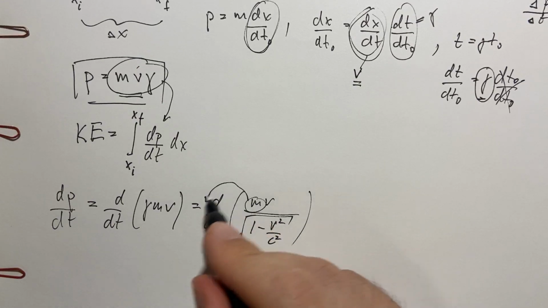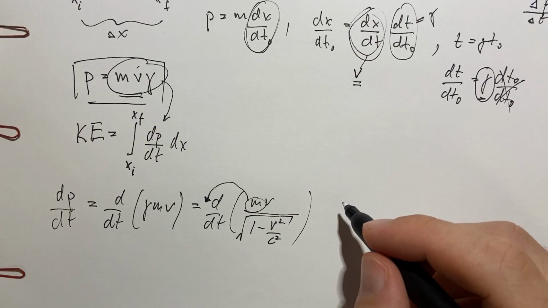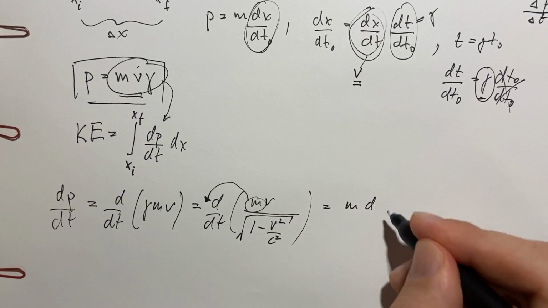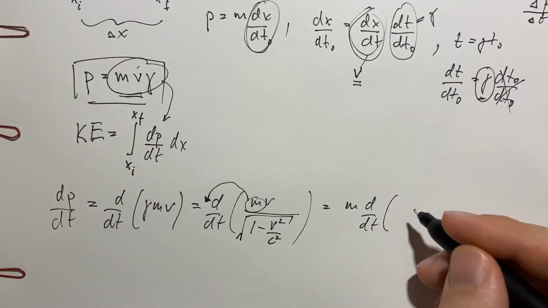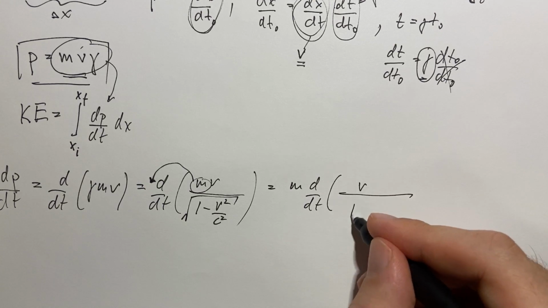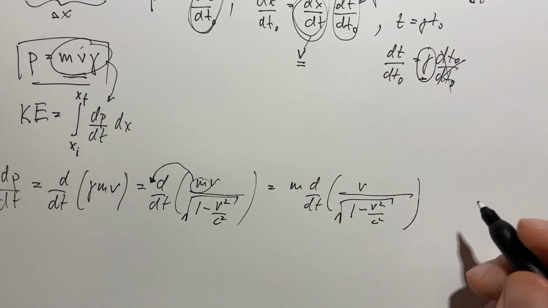Because it's a constant, we can take it out of the differential. So we would reach m d by dt of v over the root of 1 minus v squared over c squared.